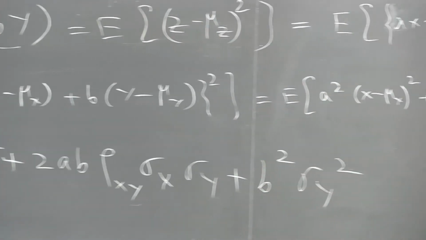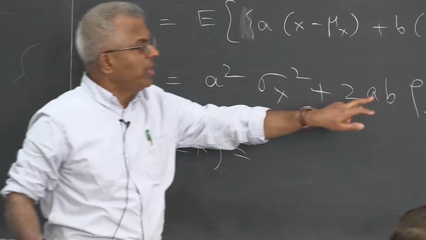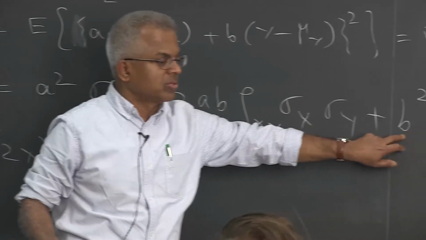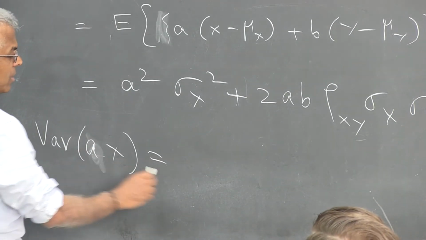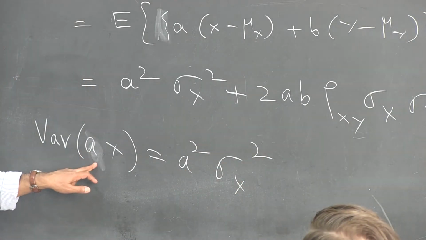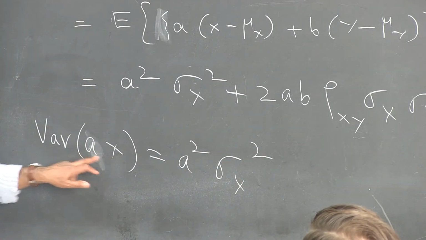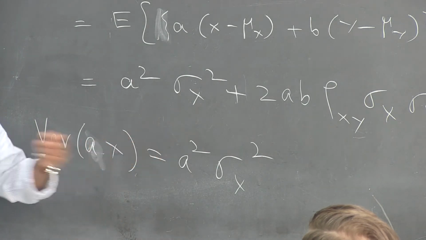So how will you find the variance of 2x? Anyone? Look here, b is 0, so this term is gone, this term is gone. And so if this is simply a, the answer is a squared sigma x squared. So if you multiply a random variable by a constant, the variance is not multiplied by it, it gets squared.